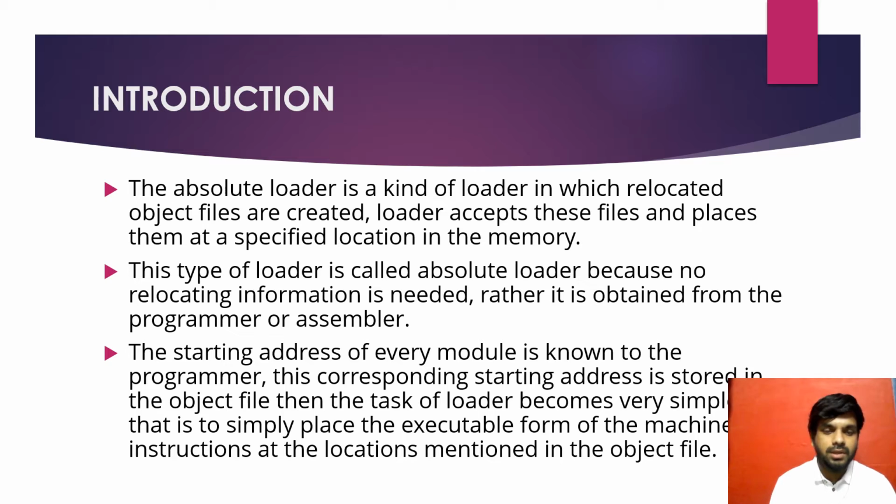The programmer must know the exact address in the memory location where the data is to be stored. Third, the starting address of every module is known to the programmer.